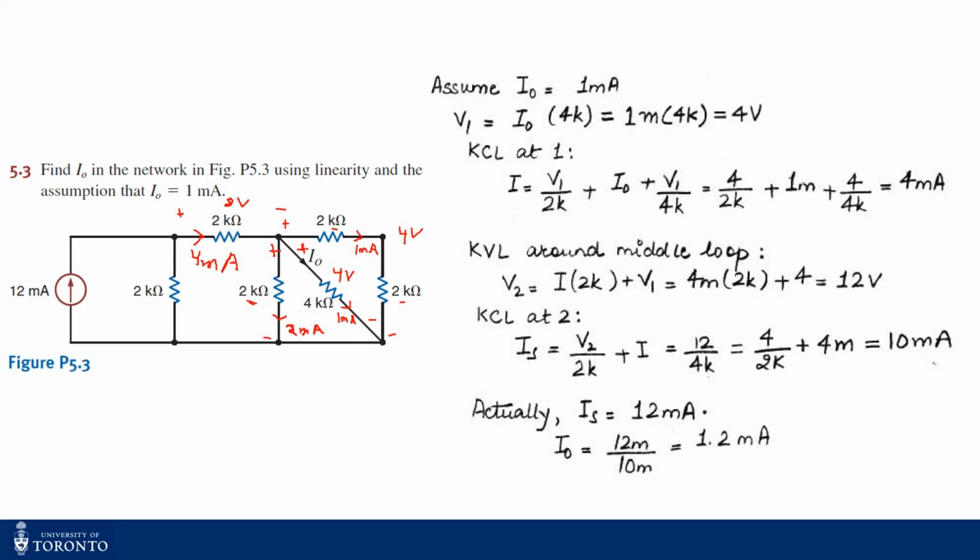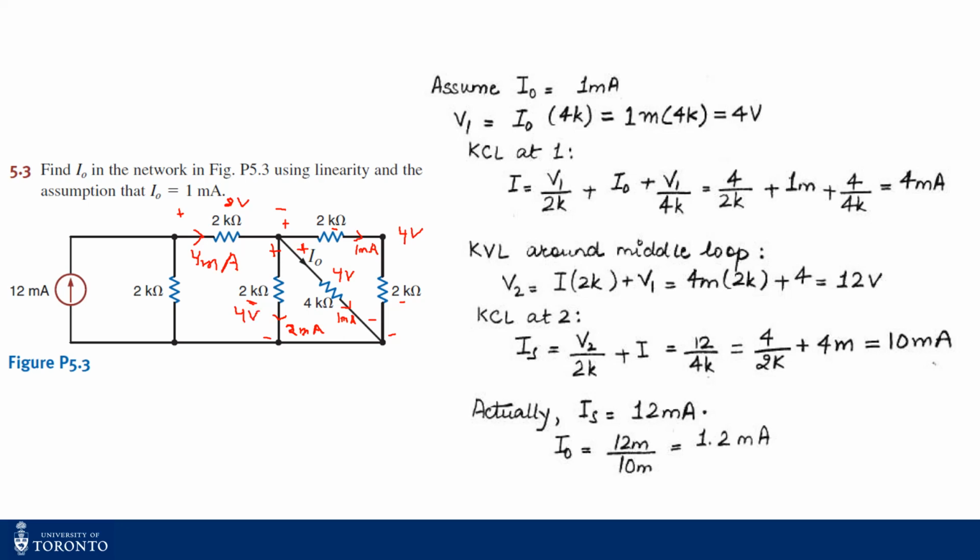Now we know that 12 milliampere, so now we know that 4 milliampere flows into this 2 kilo ohm branch, and we know the voltage across the 2 kilo ohm is 8 volt, and we know that the voltage across this 2 kilo ohm is 4 volt, right?